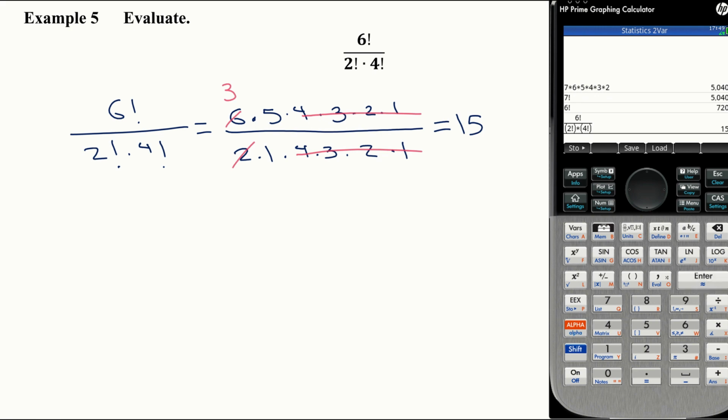And of course we end up with the same thing. But you should definitely be able to handle something like this without a calculator.